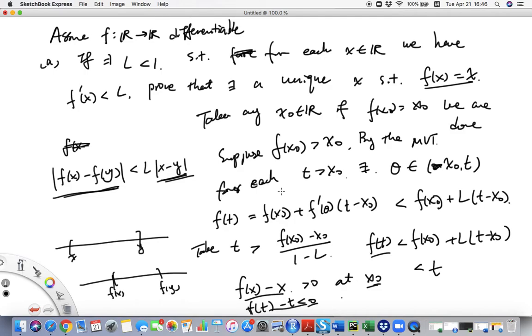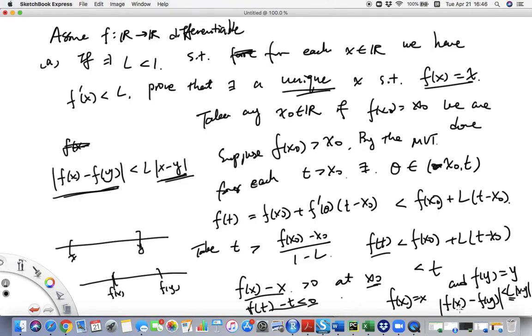So how about uniqueness? We haven't proved the uniqueness, right? The uniqueness is almost immediate. Say you have f of x is equal to x and f of y is equal to y. Then the absolute value of f of x minus f of y is less than L times the absolute value of x minus y, with L less than 1.